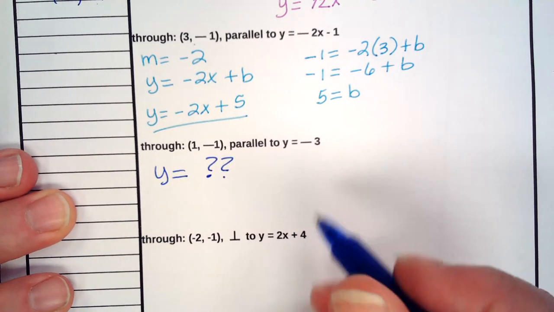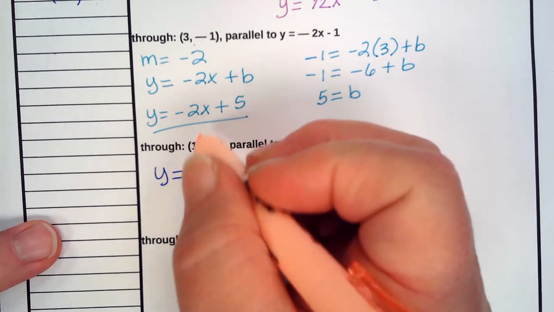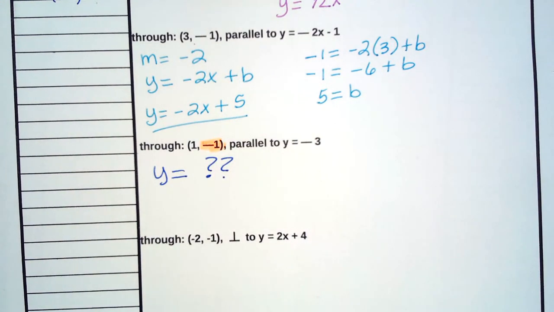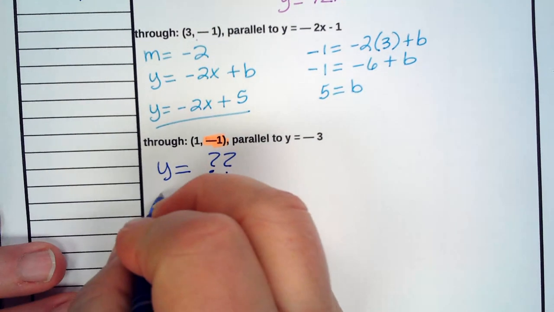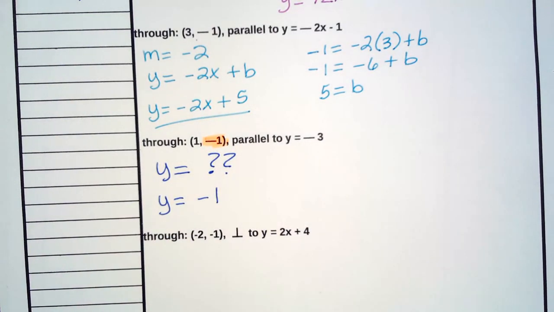So where am I going to find that number? Well, I'm going to look back up here at my y value. Y is equal to -1, and you are done. Any questions?